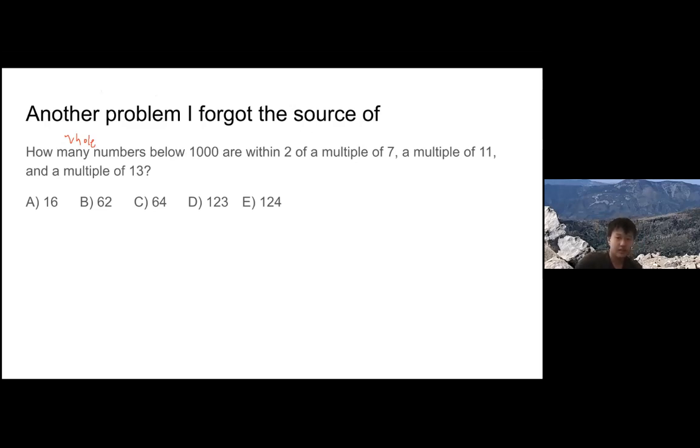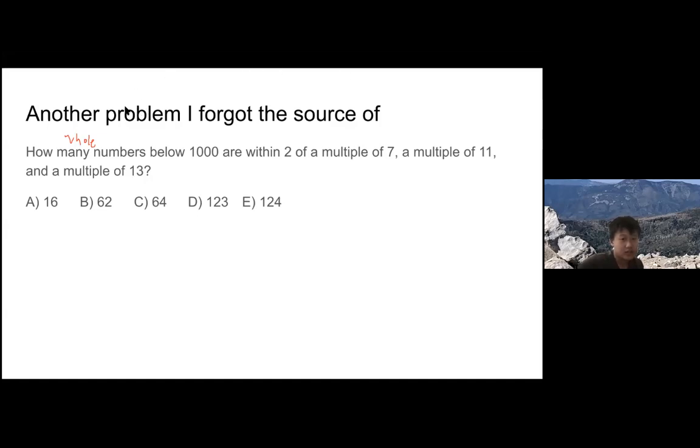So does anyone have any ideas for this one? I'll tell you, this one's also sort of a combinatorics problem, but I think it's more number theory. It's like counting, sort of, but disguised within number theory ideas.